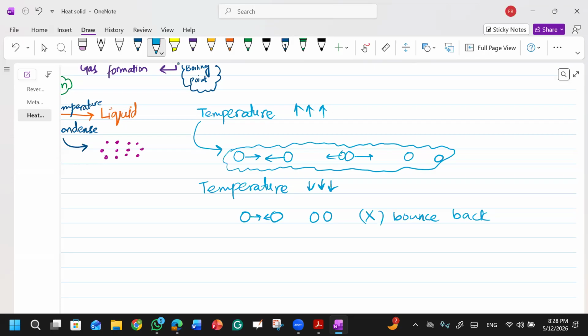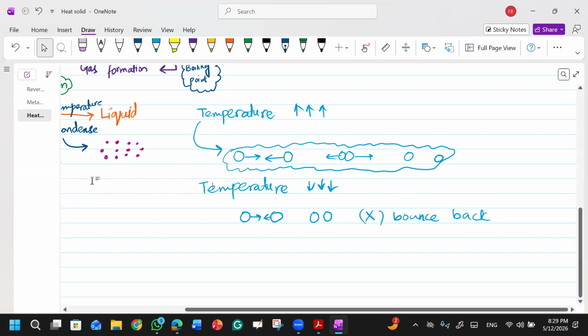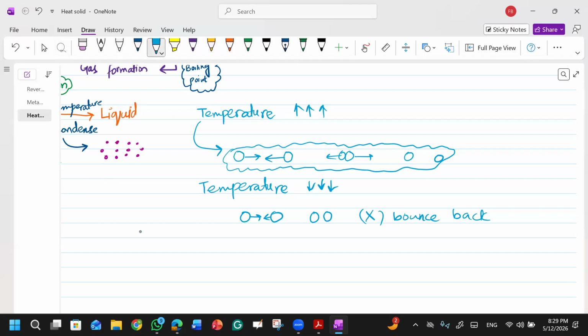What happens in the cooling curve? It goes from a gas form to liquid to solid. Yes, but I am asking about this bouncing concept. Are you clear with this? So it has less kinetic energy.